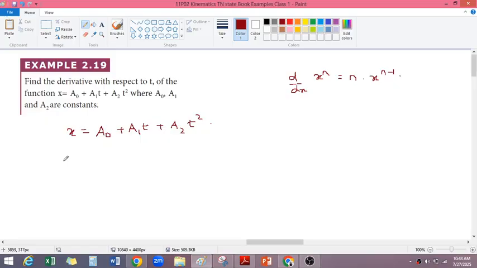If I differentiate this x with respect to t, even though we study this formula in terms of x, here we will mostly write it in terms of time t. Differentiation of a constant is 0. For a1 t, this will become a1, because t power 1 gives 1 t power 1 minus 1, which becomes t power 0, and anything to the power 0 is 1.